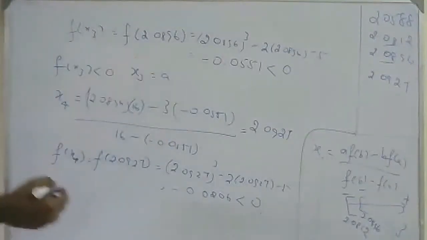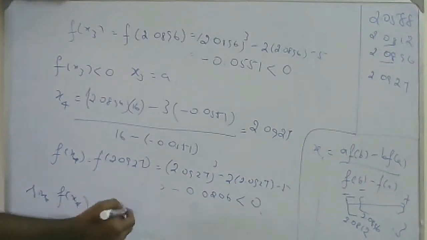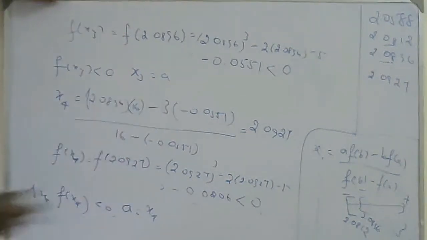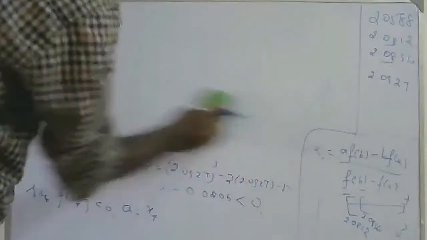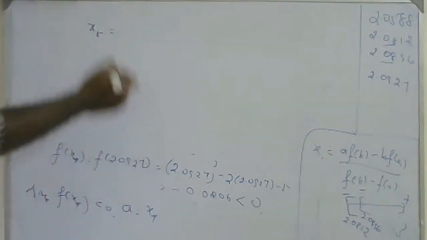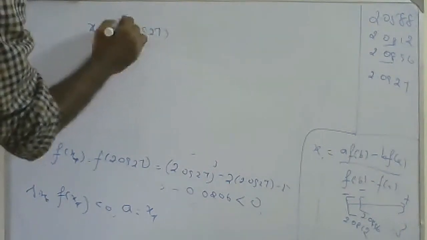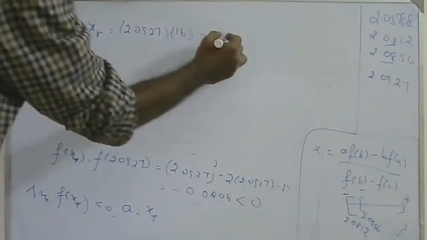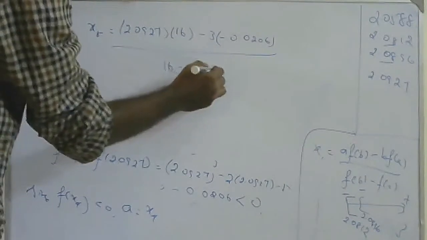So since f of x4 is negative, x4 is equal to a. Therefore, apply the formula. x5 is equal to a, that is 2.0927, into f of b, which is 16, minus 3 into f of a, that is minus 0.0206, divided by 16 minus of minus 0.0206.